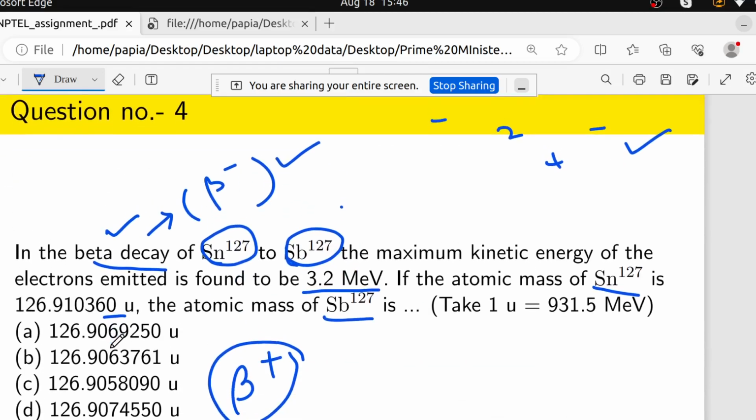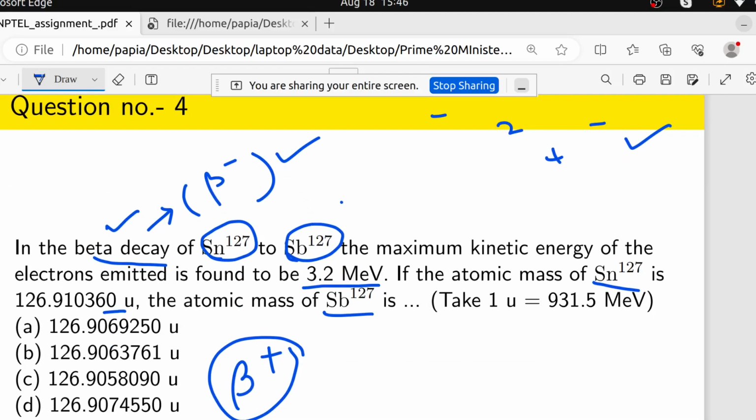So now you can see that in that question it is saying the atomic mass of Sn is given. So what will be the atomic mass of Sb 127? You can see here they are not mentioning the Z value, so we don't know what the Z value is for that Sn. That is fine, we don't need to know that.